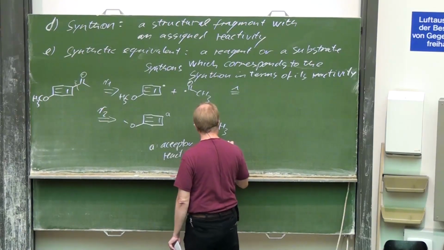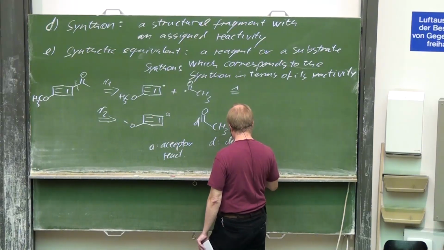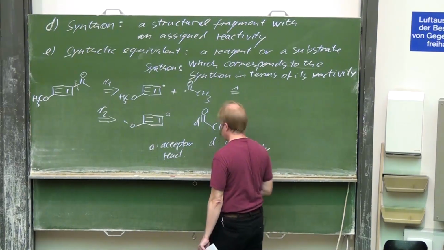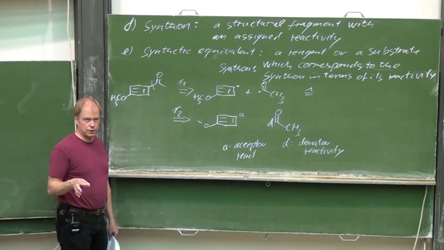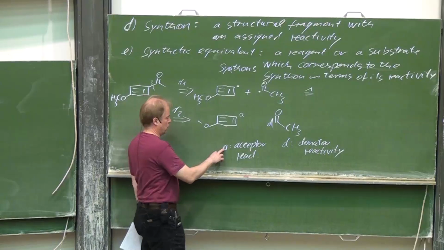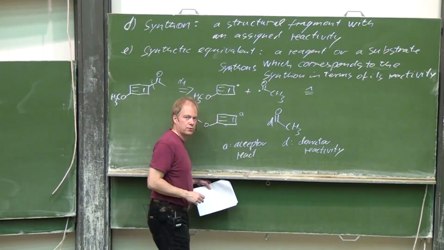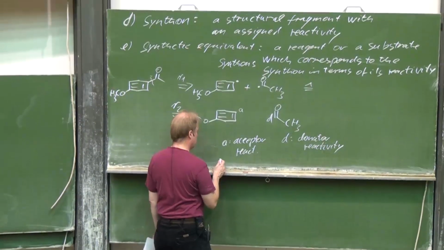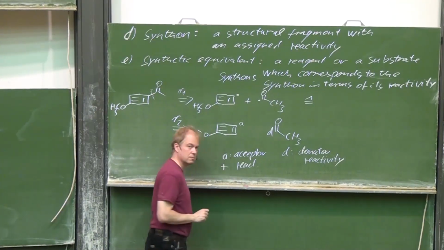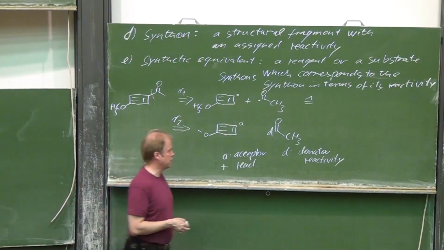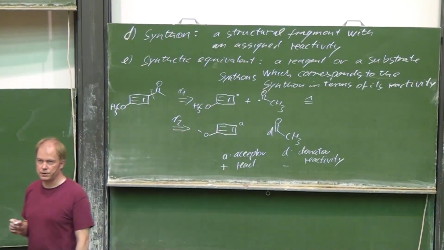So, D means donator reactivity. Alternatively, to A for acceptor reactivity and D for donator reactivity, we could put in a plus for acceptor reactivity and a minus for donator reactivity.